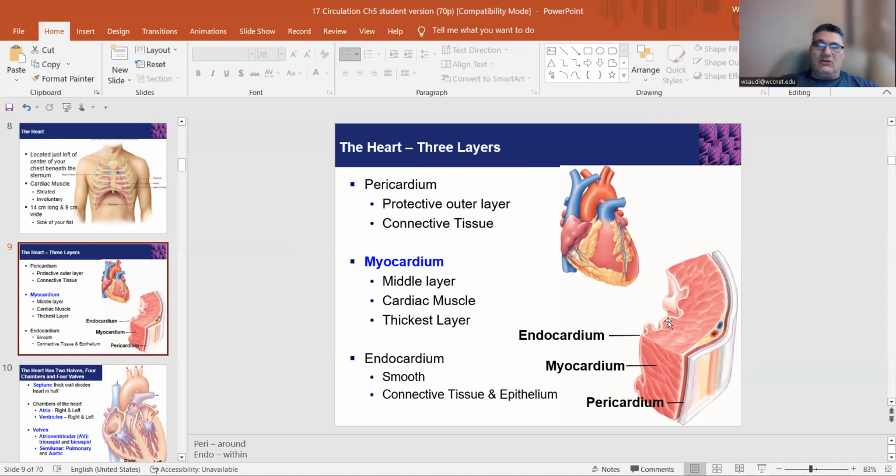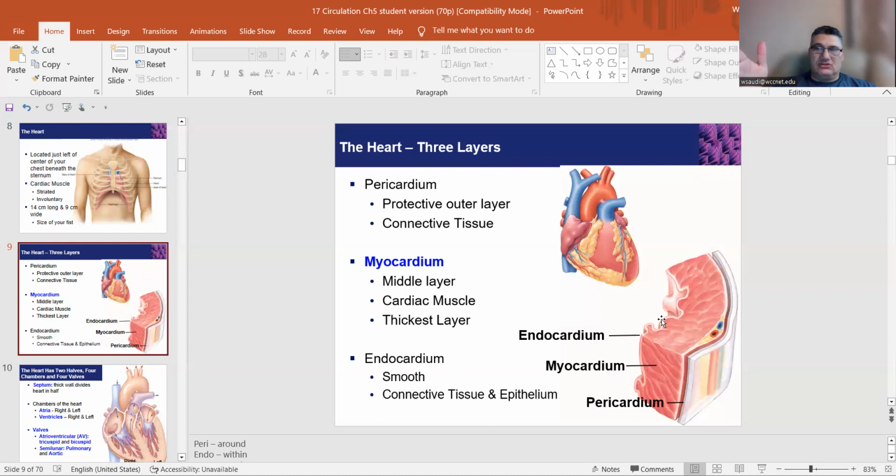The wall of the heart consists of 3 layers. And again, it's just like what we talked about several times, and I mentioned it so many times. Anytime you see a wall, it's endo, myo, and peri. Endo, myo, peri, from inside to the outside. Endo means innermost.